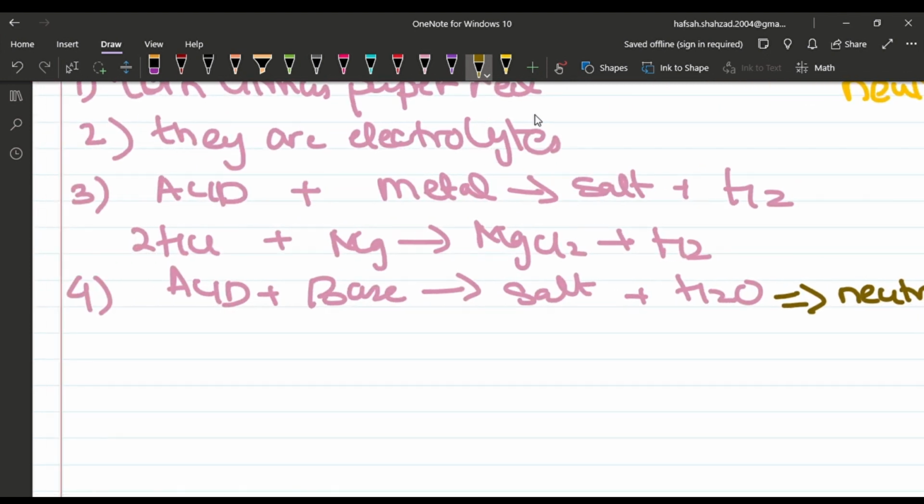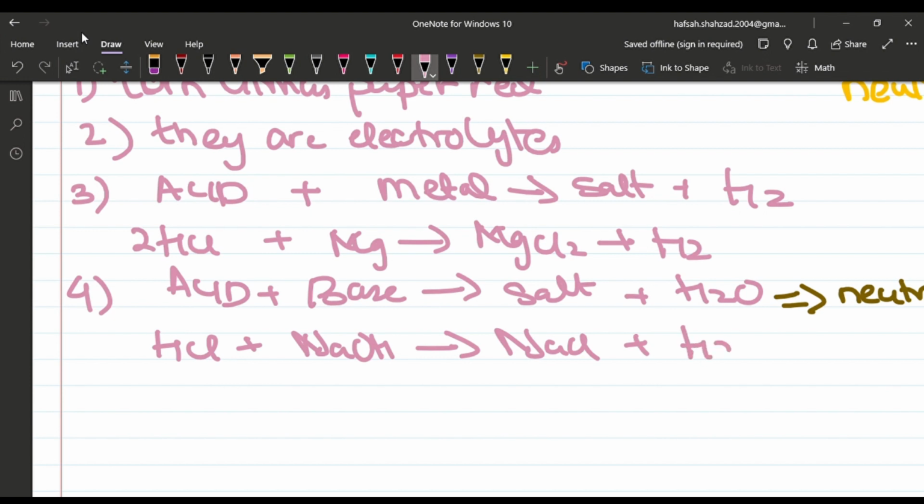So let's suppose we take a strong acid, the good old HCl, and NaOH. NaOH is also a very strong base. We will be discussing bases in the coming few minutes. So these two react to form NaCl salt and H2O.